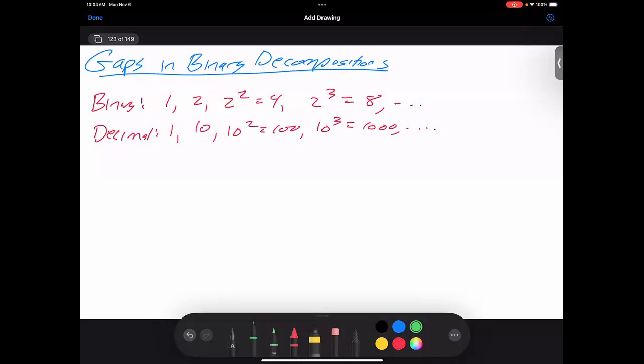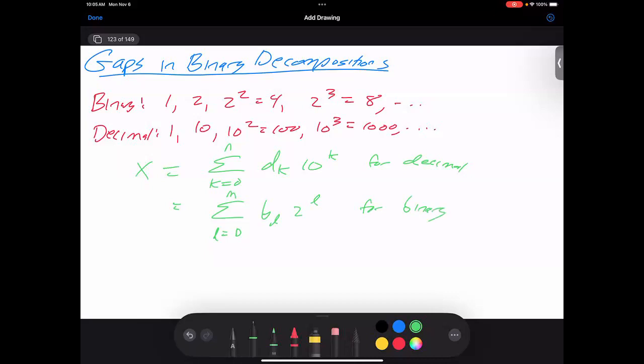And we can write any number x as a sum, say k goes from 0 to n of d_k 10^k for a decimal, or I could write it maybe as the sum, l goes from 0 to m of b_l 2^l for binary. And so every number has a unique decomposition base 10, it has a unique decomposition base 2.